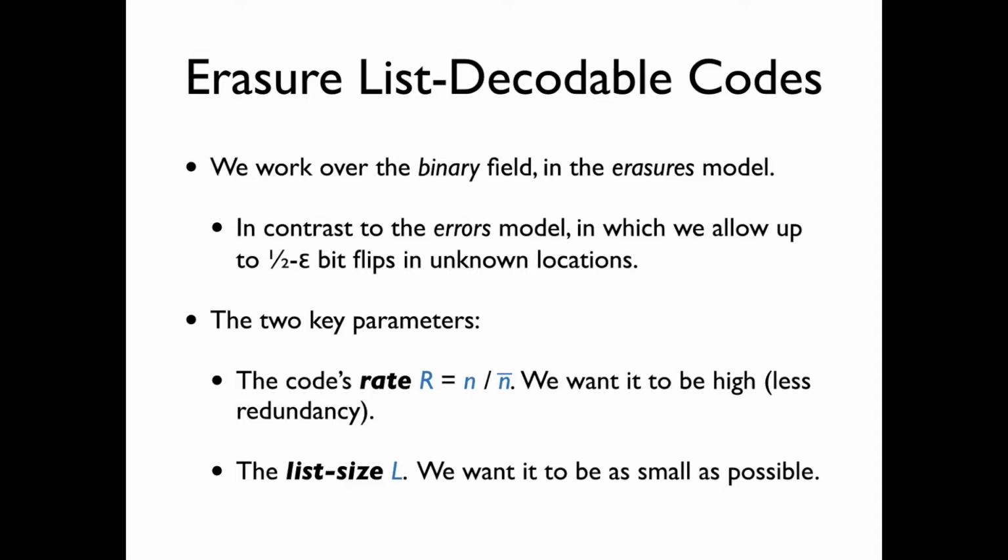And as always in coding theory, we have two key parameters, which are the code's rate, n over n bar, and we want it to be as high as possible because this means less redundancy, and the list size, which we obviously want to be as small as possible.